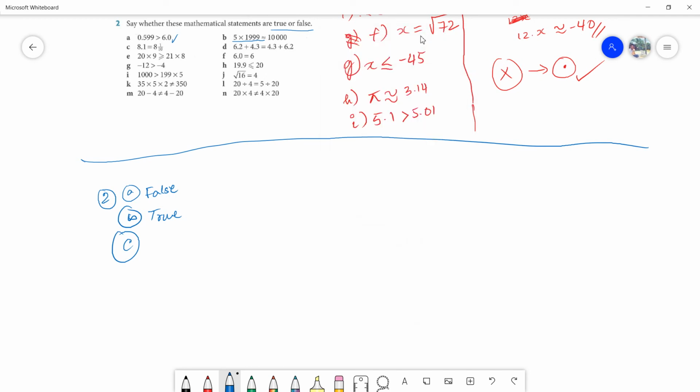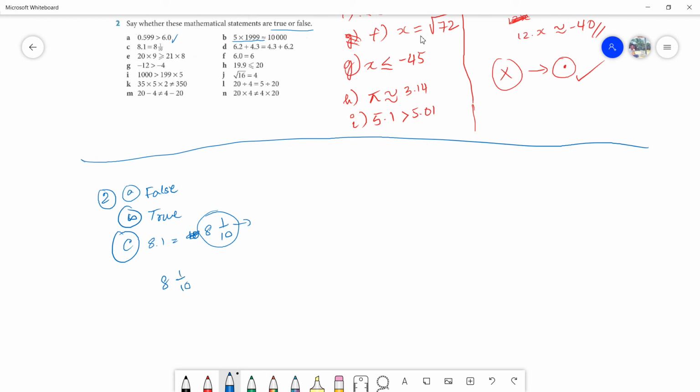Then C, 8.1 is equal to 8 and 1 over 10. So to check this one, we can do something like this. How can we convert this to an improper fraction?